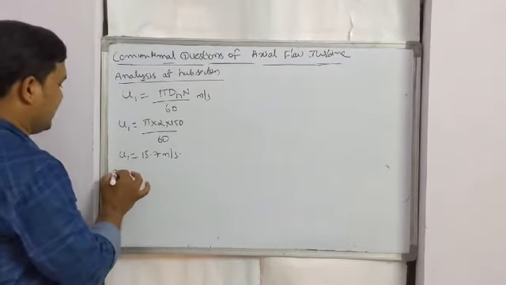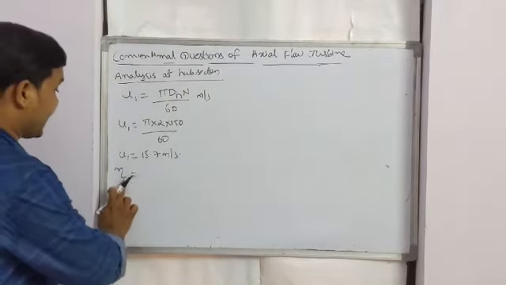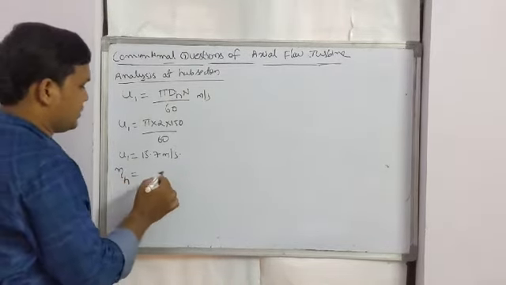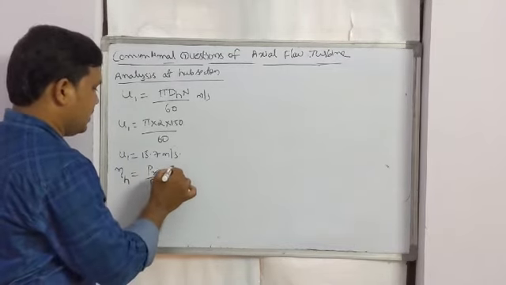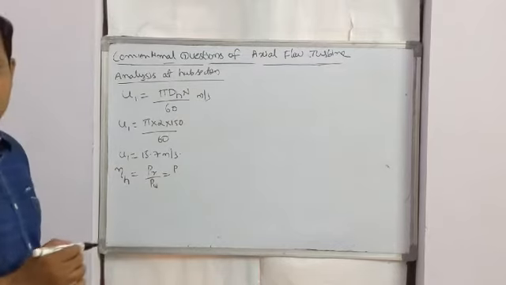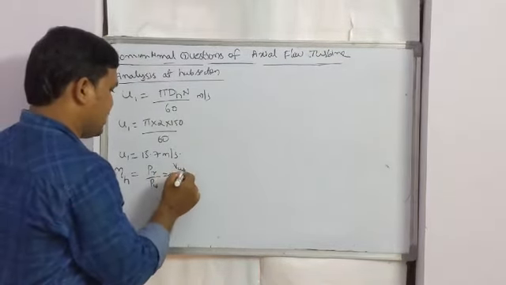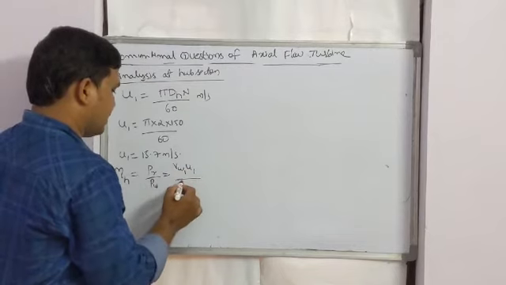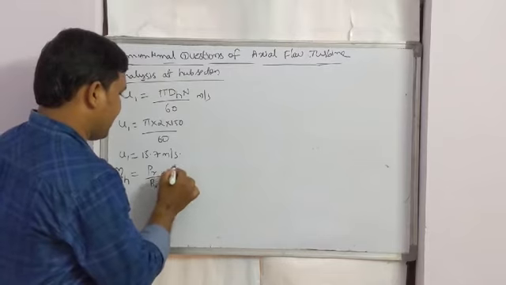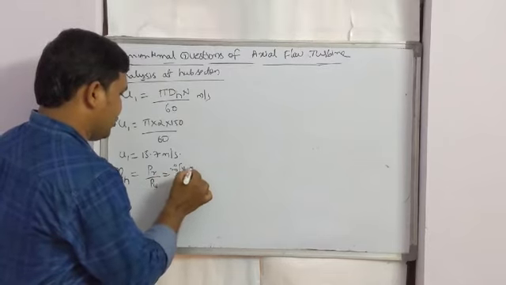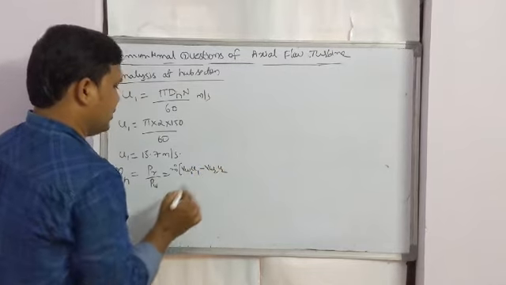Then we will find out VW1. VW1 we can find by using hydraulic efficiency. Hydraulic efficiency is equal to runner power by water power. Runner power is nothing but m dot into VW1 U1 minus VW2 U2.